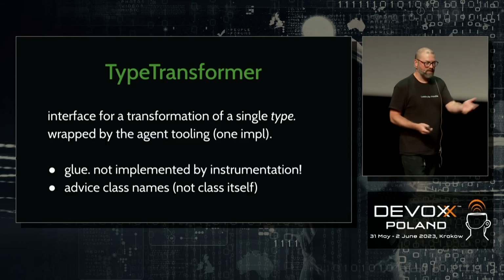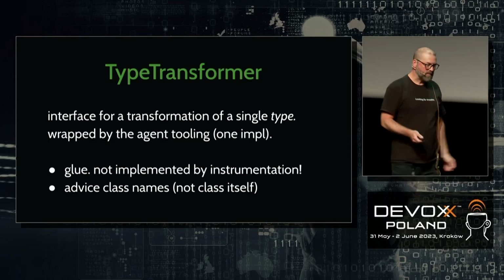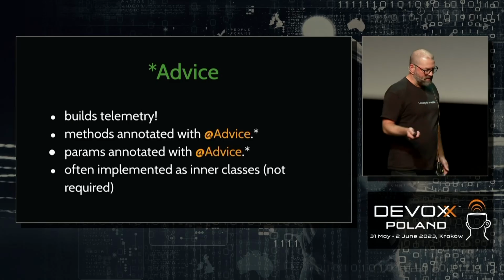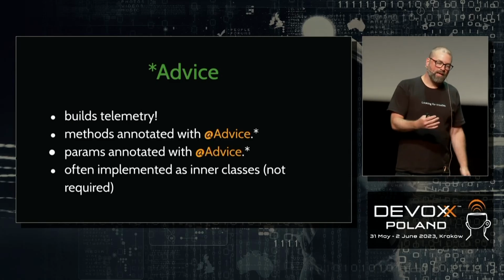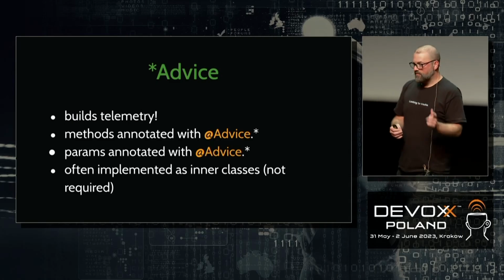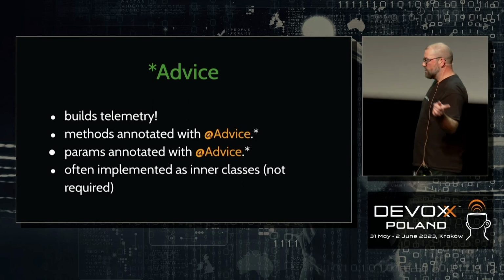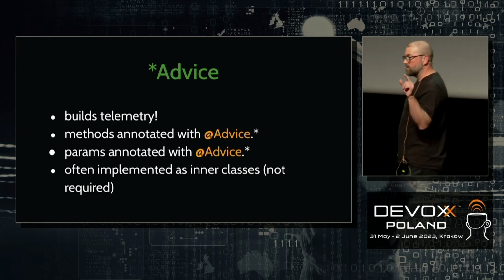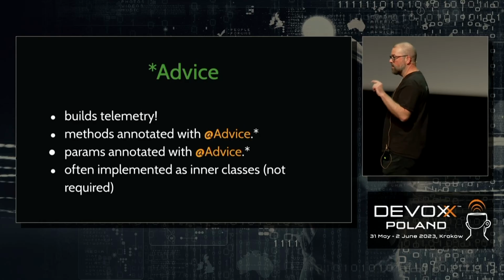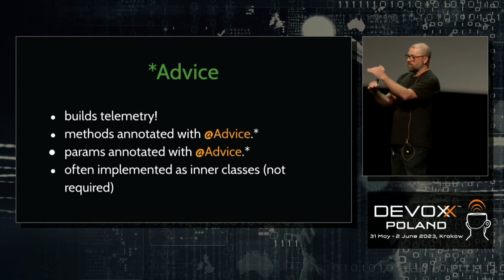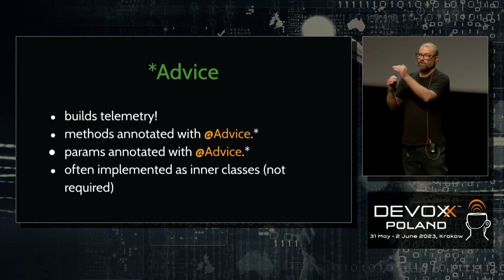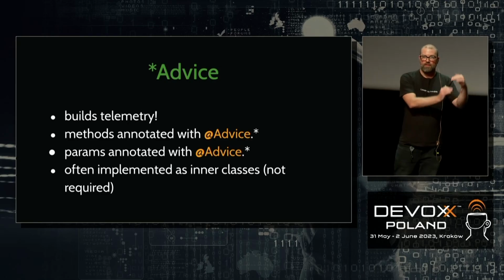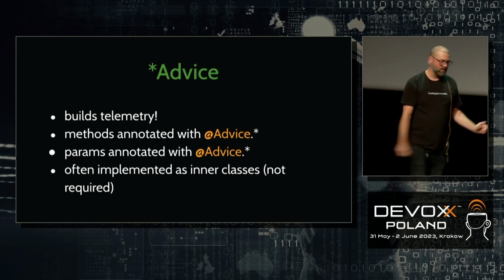It's not something that needs to be built for every module. It's really just glue. But within this, we pass advice classes. And these advice classes use these ByteBuddy annotations, these advice annotations, to say when and where bits of implementation code should be injected into the target class being addressed.